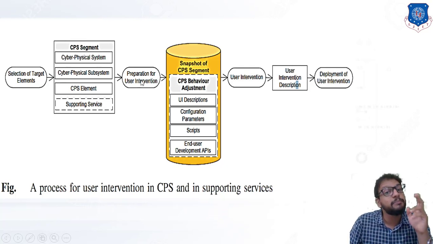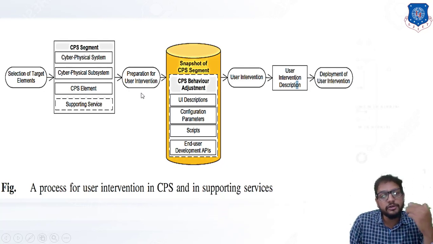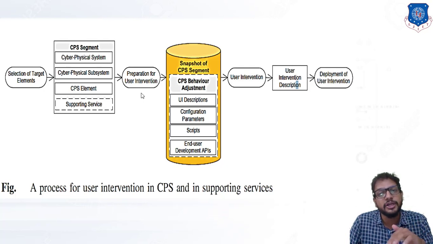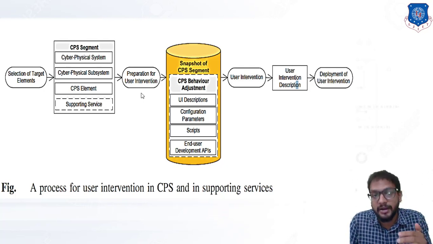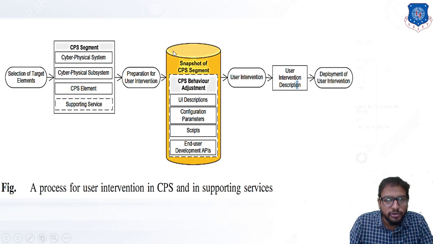The second step is preparation for a user intervention. Which means we need to prepare what change a human has to make in a particular system or element. What problem is an element facing, which problem is present in an element, that we need to determine, and as per that the human intervention has to be done, right? So over here you can see a box is shown.